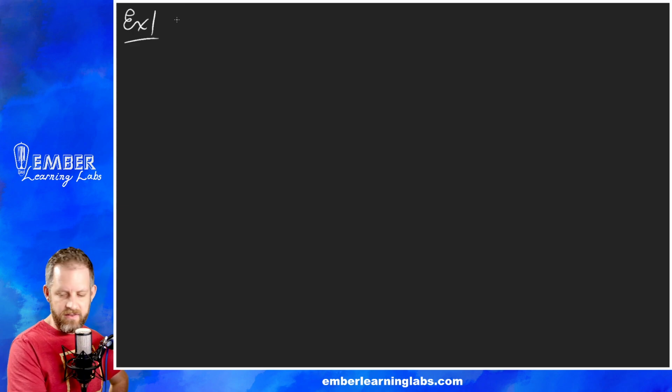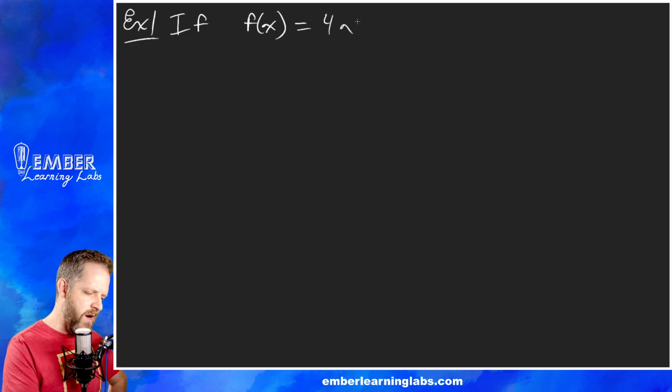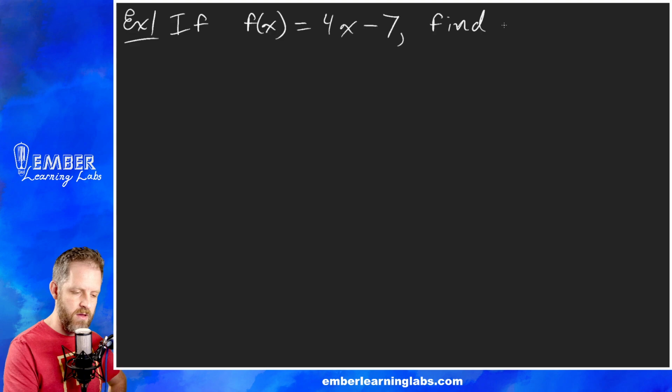And that is, if f of x equals 4x minus 7, find each function value.